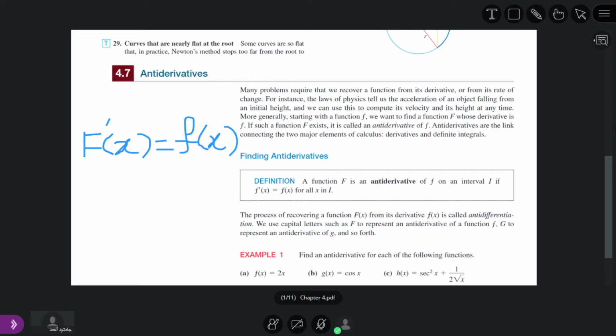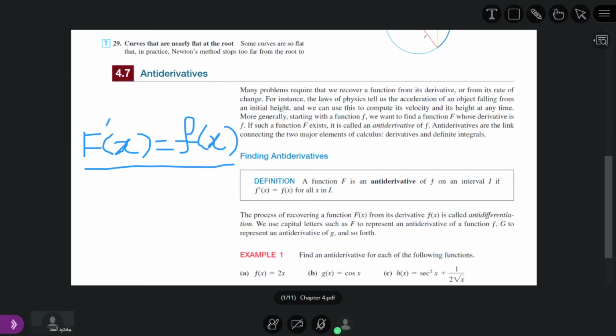I repeat: a function F is an antiderivative of f on an interval I if the derivative of F capital of x is equal to small f of x for all x in I.